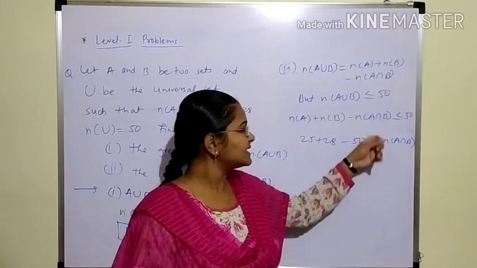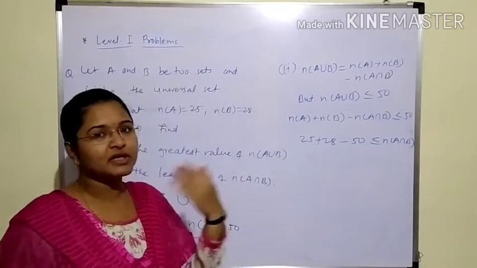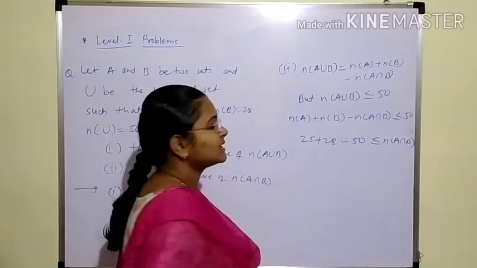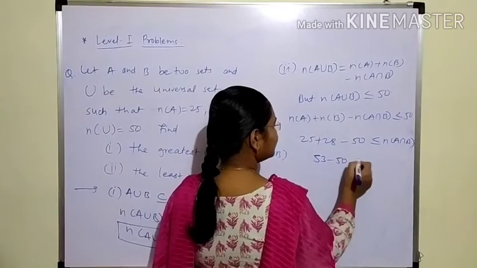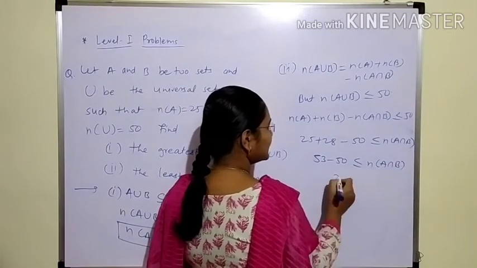So we'll treat it as an equal sign so that it is convenient to shift to both sides. So 25 plus 28 is 53, and 53 minus 50 is less than or equal to the number of elements in the intersection of A and B, that is 3.